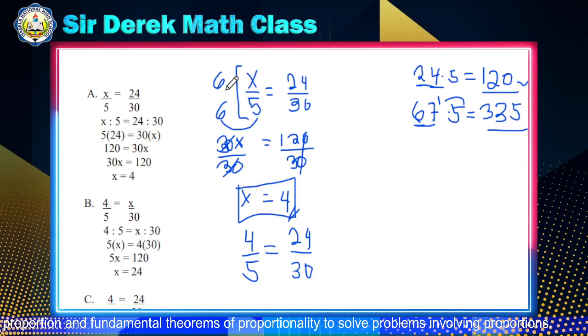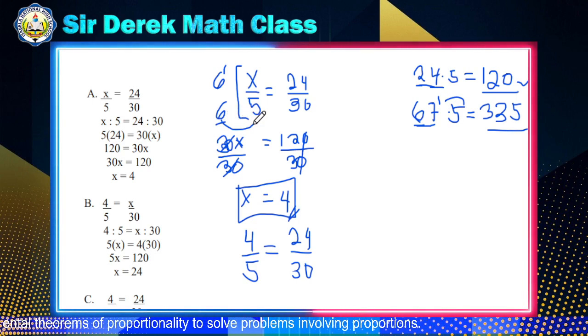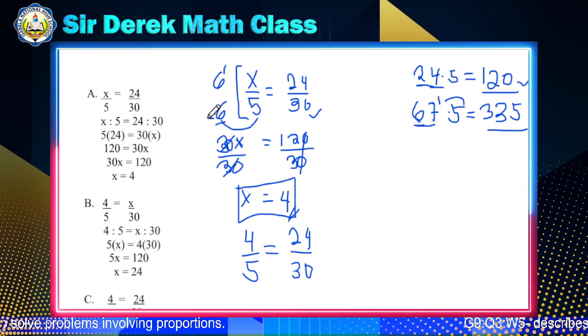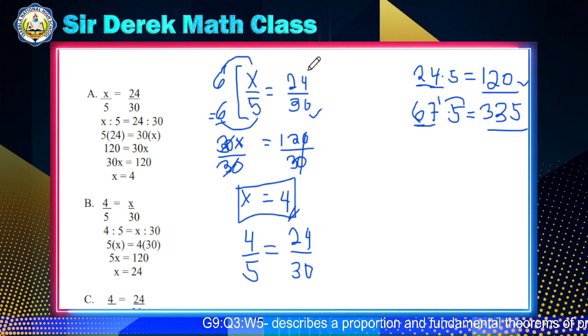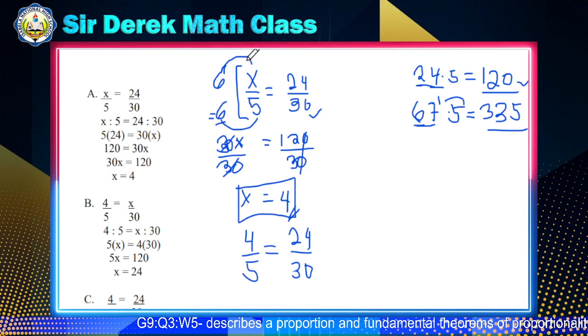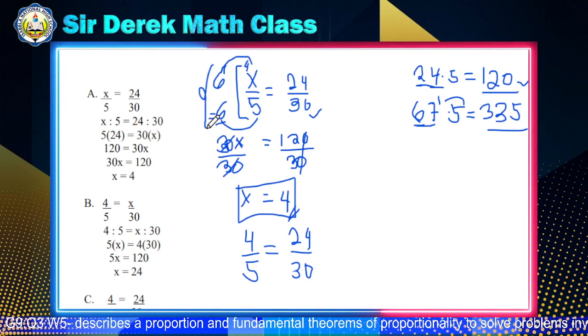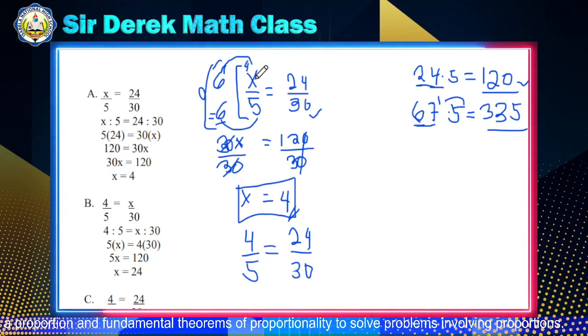We already identified 6 as our multiplier to generate another ratio. Here, what is missing is x. Since this is already defined as 6, 6 is also the multiplier of x to produce 24. What number do I multiply by 6 to produce 24? And here comes 4. 4 times 6 is 24. So this is one way, or the shortcut way, of finding the missing part of the proportion.